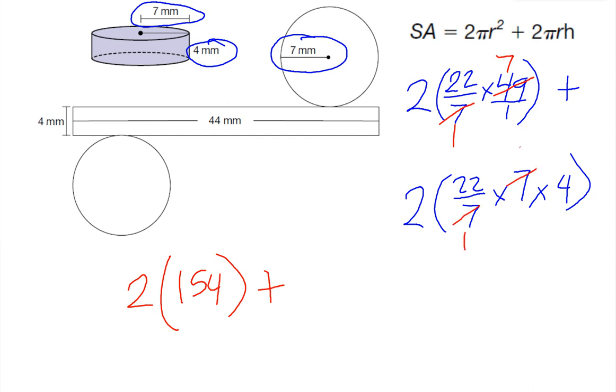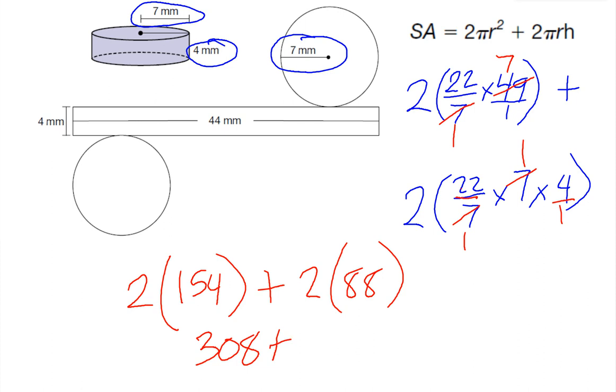Those become 1s, so we're left with 22 times 4. We have 2 times 88. 2 times 154 is 308, plus 2 times 88 is 176. I add those together and I end up with 484 millimeters squared.